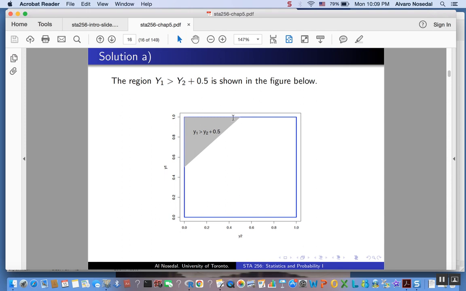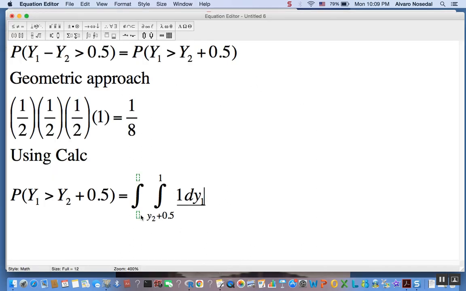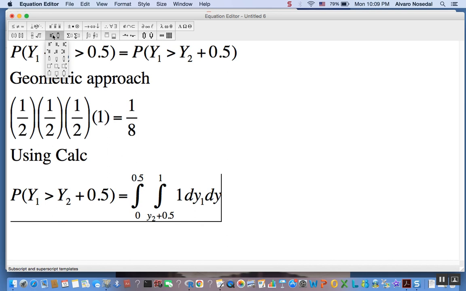It's only allowed to vary from 0 to 0.5.